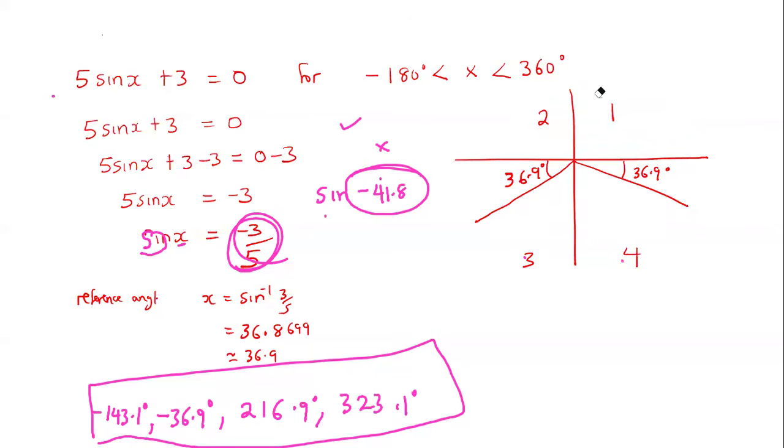My reference angle was 41.8. How did you get 41.8? I got sine inverse of 3 out of 5, because we leave the negative aside. So what is sine inverse of 3 out of 5?